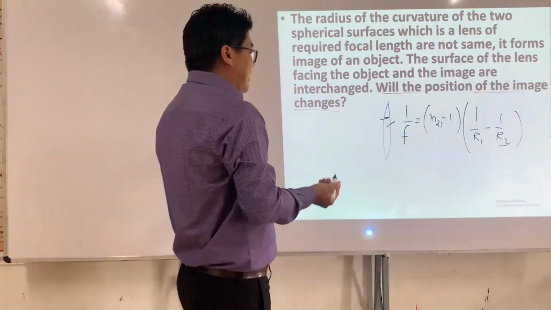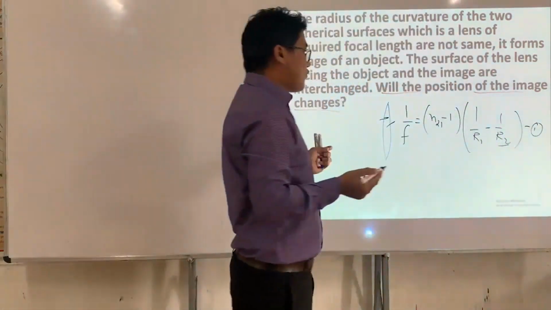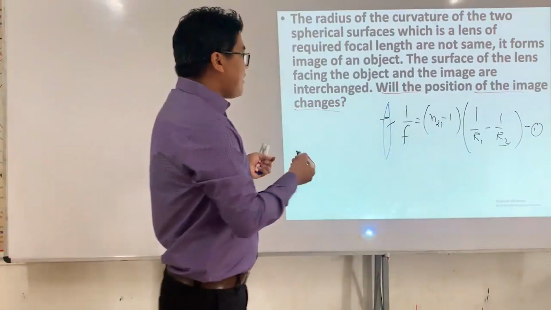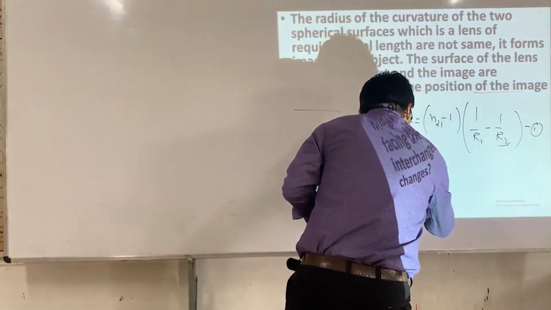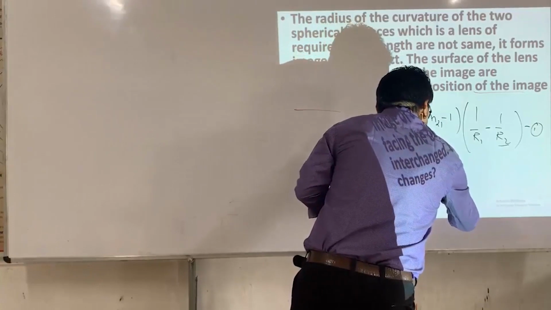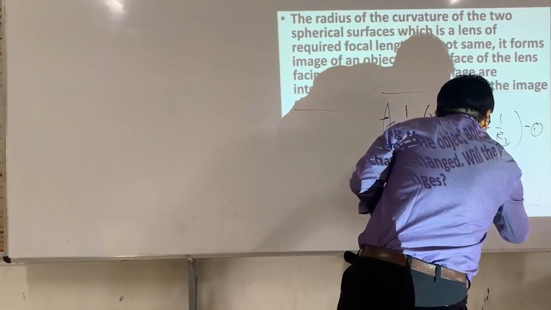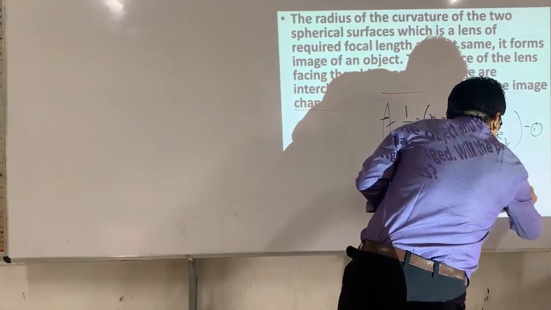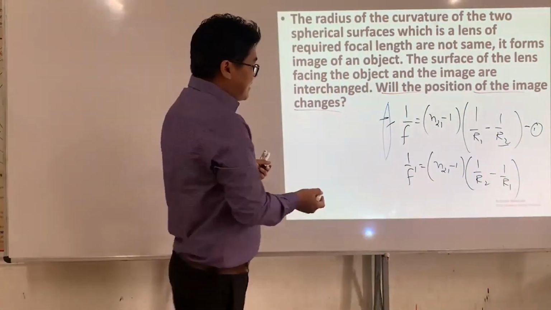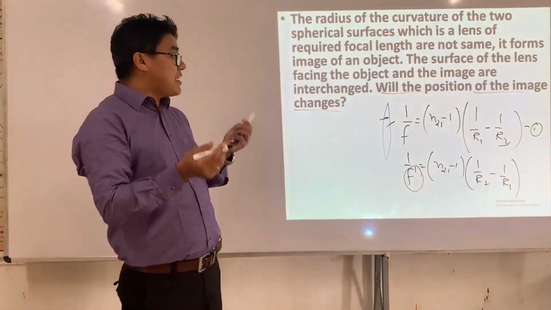So let's say this is for the first case, and this is after interchanging. Suppose f prime is the focal length after interchanging.